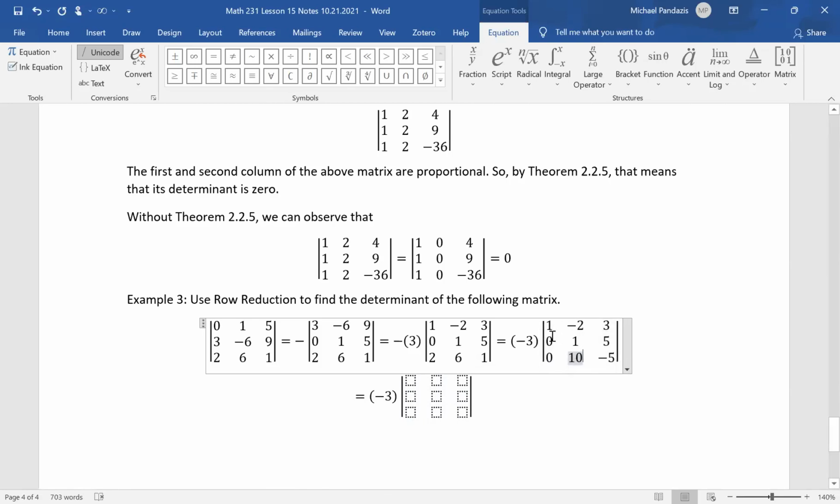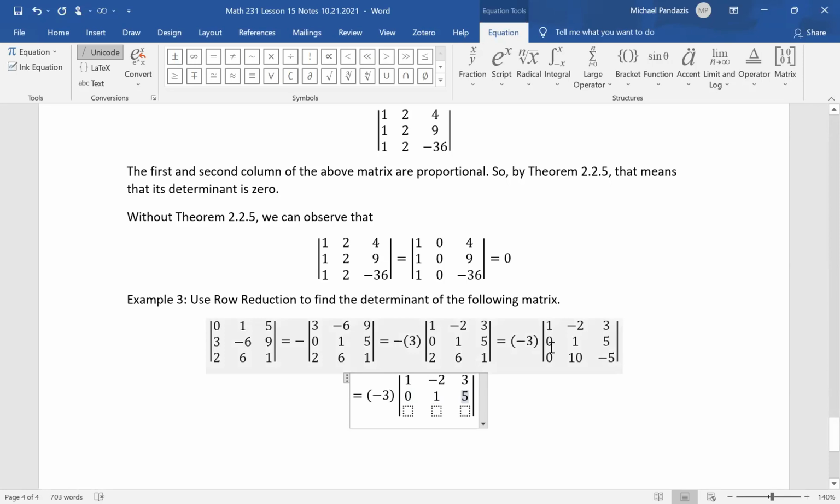So I just need to add -10 times the second row to the third one to get rid of this 10. Remember, adding a non-zero multiple of one row to another does not change the determinant. The determinant of the new matrix is going to equal the determinant of the old one because of the operation we chose. So the second row stays the same, 0, 1, 5.